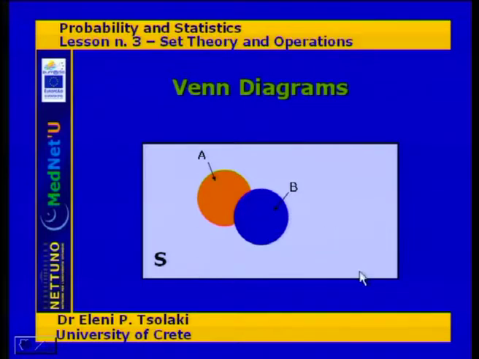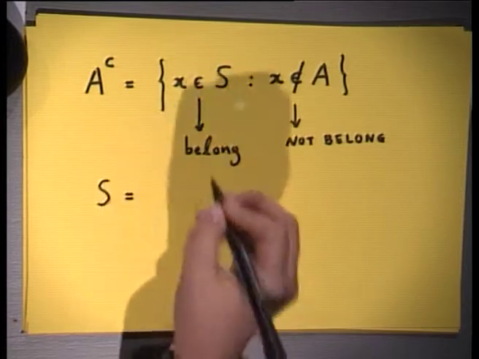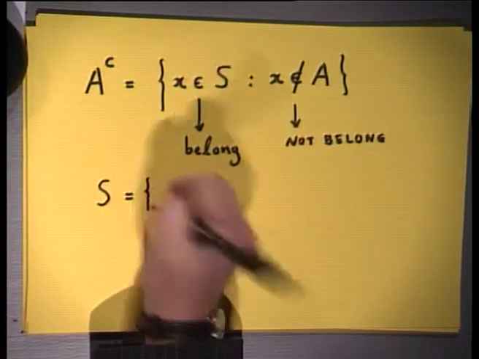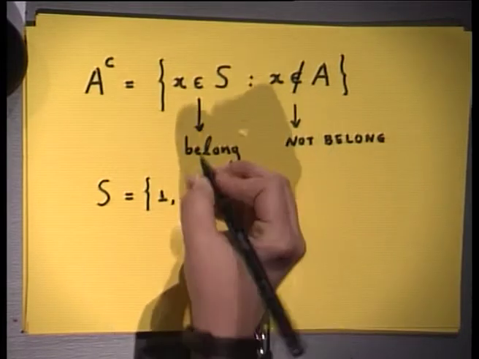So let's see an example. Assume that S, the sample space, is all numbers between 1 and 10.